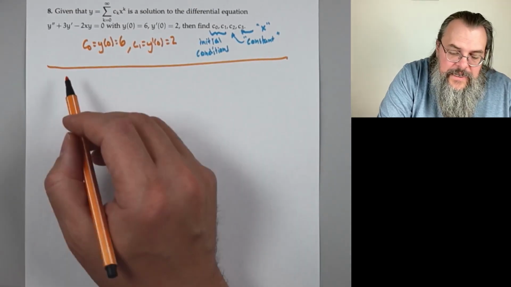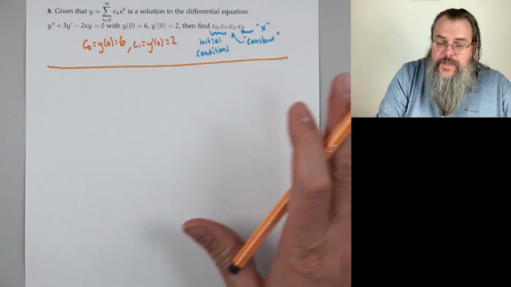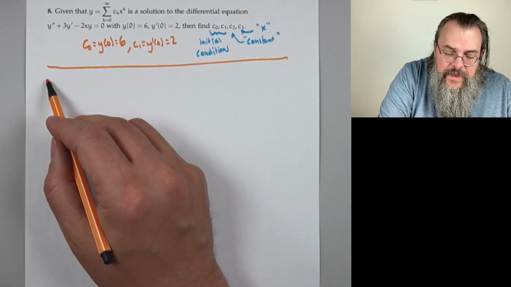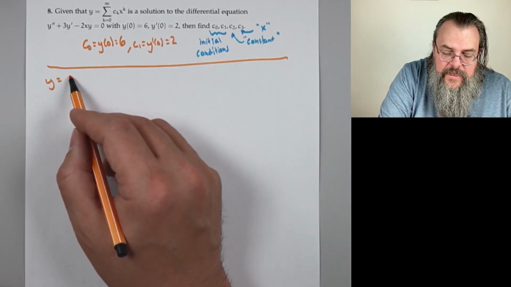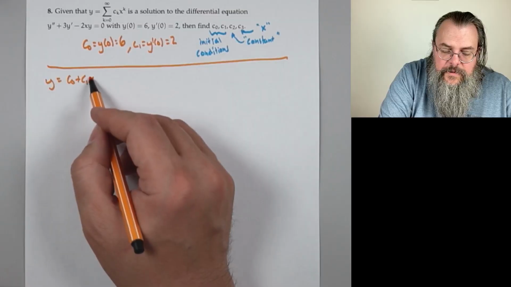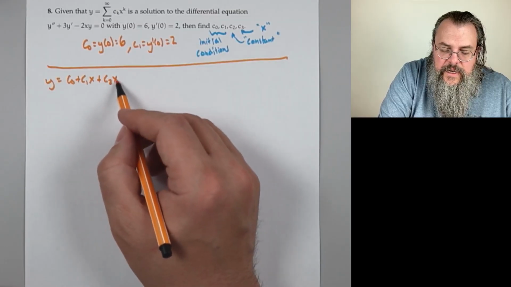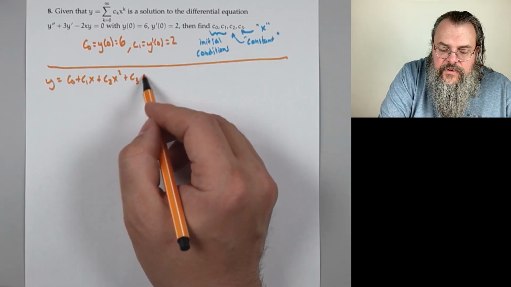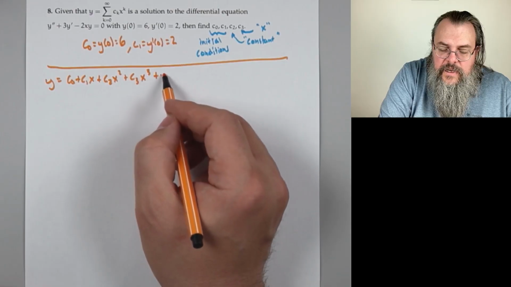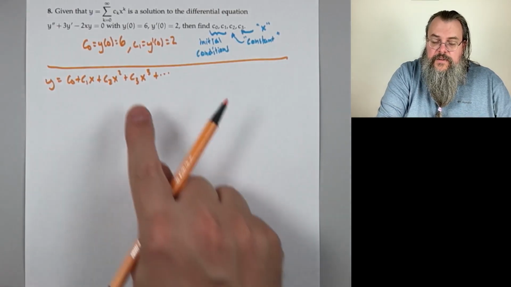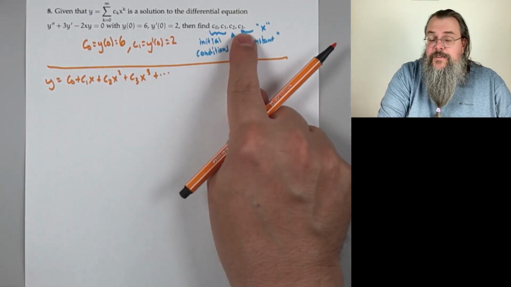So since I'm not after everything, I'm not after recurrence, I'm just going to focus on the beginning. So C0 plus C1x, C2x squared, C3x cubed. I don't need to worry about anything else because I can stop at C3, because that's all I need to get to.